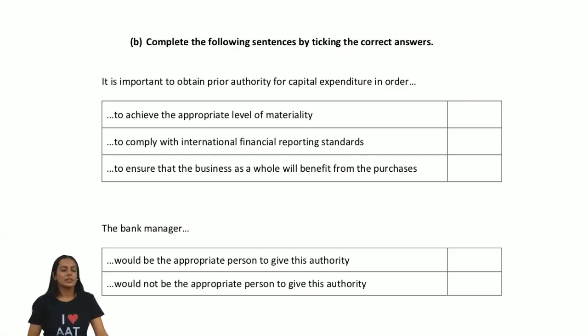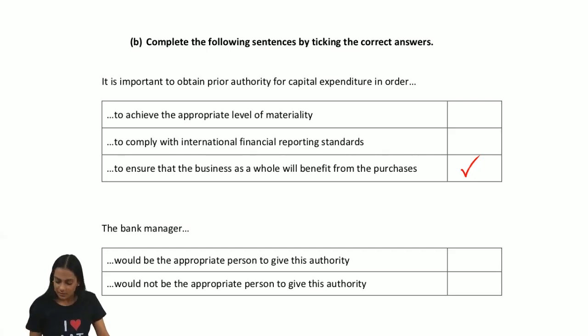Capital expenditure is all about spending money buying non-current assets or enhancing the assets. And an asset is a resource controlled by the entity as a result of past events from which economic benefits are going to flow into the entity. So it's all about benefits flowing in as a result of this purchase, so the answer is going to be C here.